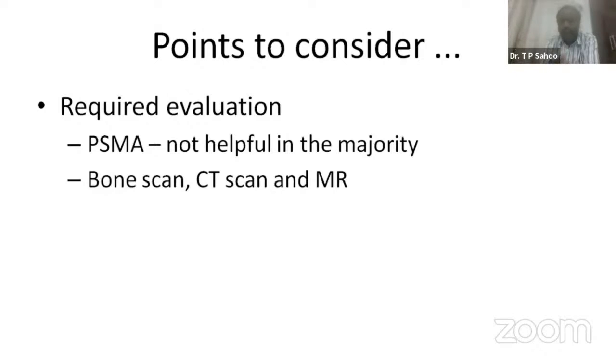Taha rightly told, if they are thinking of a radical treatment, surgery or radiotherapy with radical intent, and you want to define whether there is oligometastatic disease somewhere, you would probably go for a PSMA. But if someone has fulfilled high risk criteria, as Praveen is saying, you would not spend the money on that. What you really require is a bone scan, a CT scan, and an MR. That should suffice.